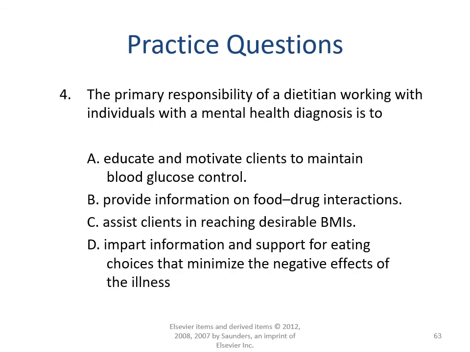And number 4, the primary responsibility of a dietitian working with individuals with mental health diagnoses is to, answer choice D, impart information and support for eating choices that minimize the negative effects of the illness.